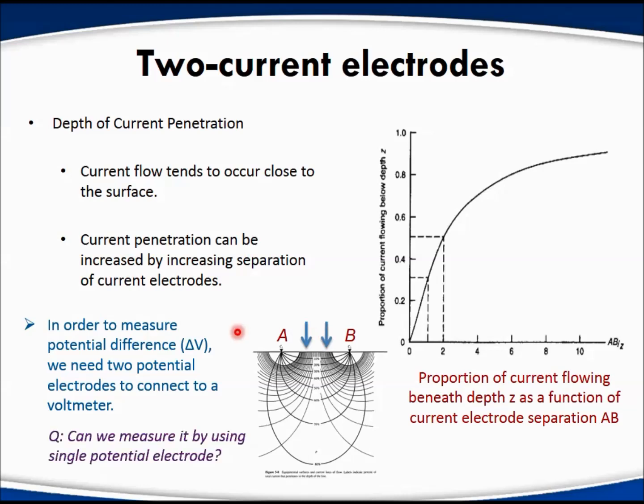So the question is, why do we need two potential electrodes and not just a single potential electrode that we have learned before?